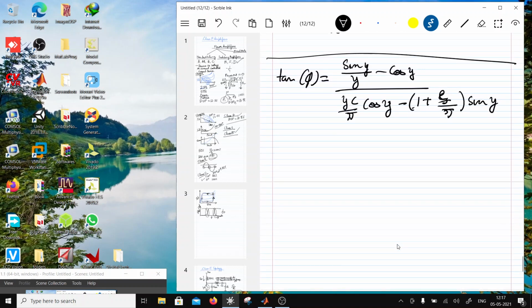Okay, and then you have tan of xi, which is going to be quite complicated.